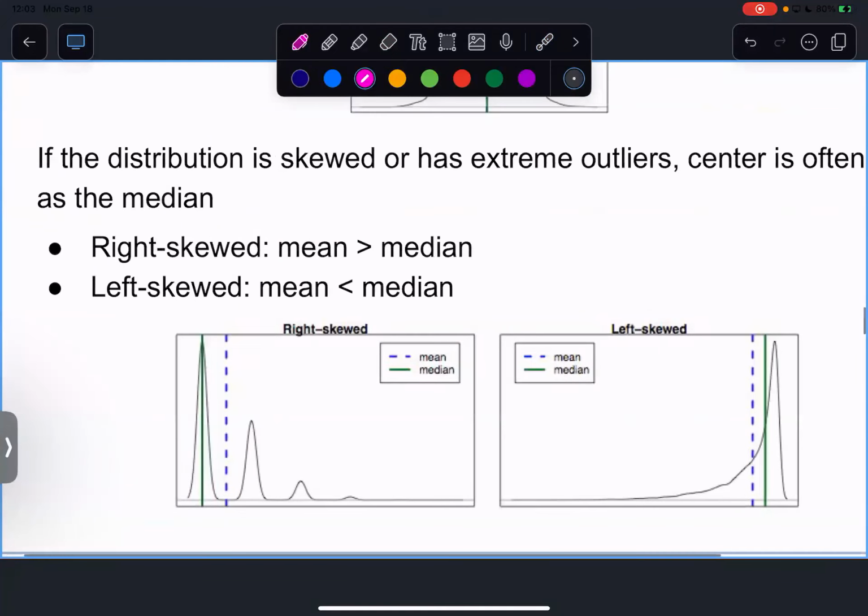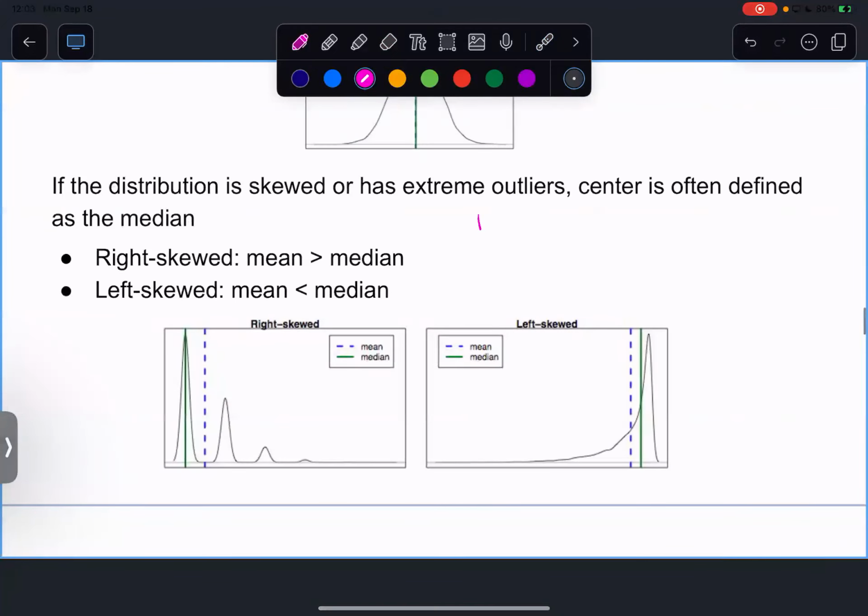I'll write a reminder here. Even though we've already written it, the mean is pulled in the direction of the tail. Nice.